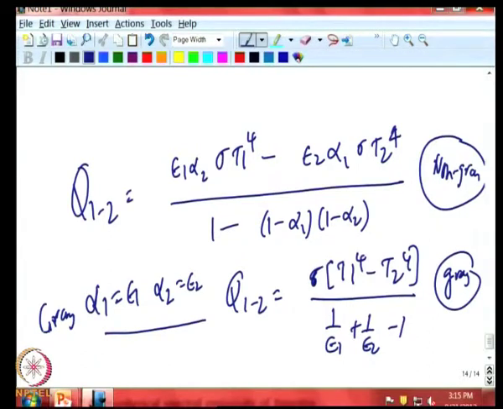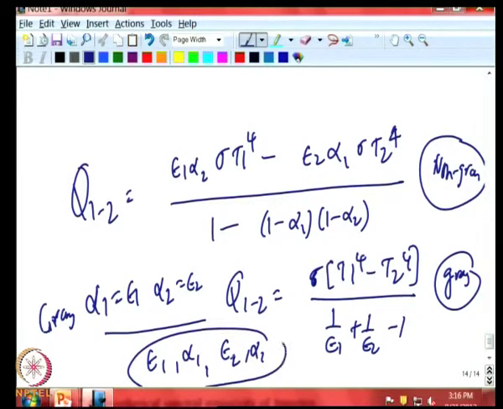So, this result is more general, the one above, and if you can estimate from some property data epsilon 1, alpha 1, epsilon 2, alpha 2, then of course you have got a more accurate result than this, which assumes gray surfaces.